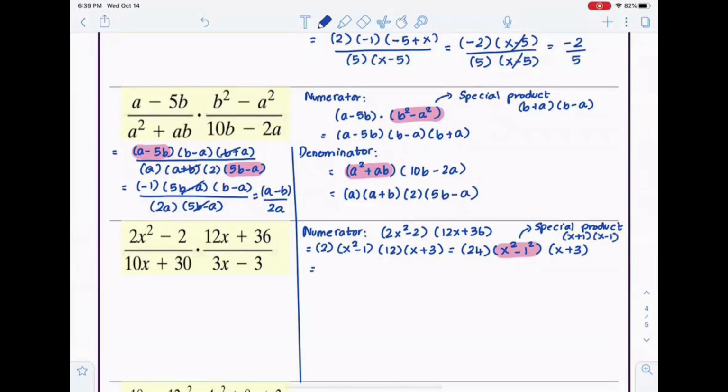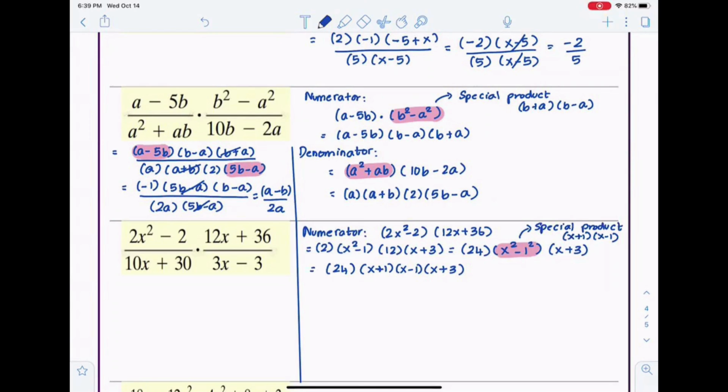So I could rewrite x squared minus 1 as x plus 1 times x minus 1 times x plus 3. So that is the best we can do. There is nothing else in common. So we're done with the numerator.